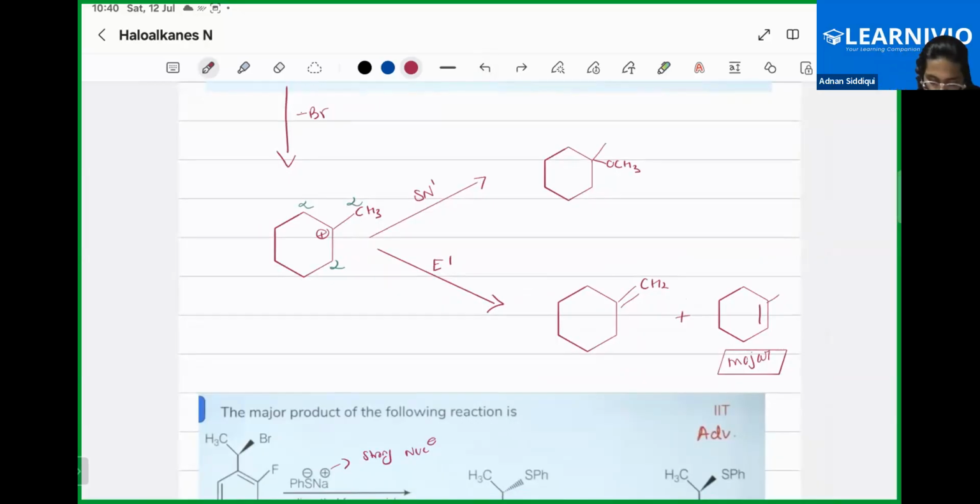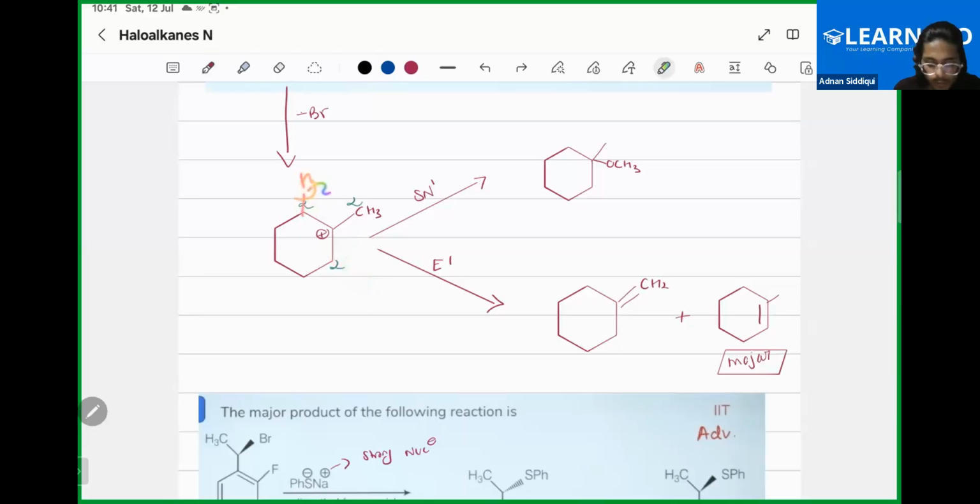See, if you have to do the elimination, suppose this is your carbocation, this is your alpha position, this is your alpha position, this is your alpha position, right? Hyperconjugation, we can say. You can remove a hydrogen from here, and it will form something like this.